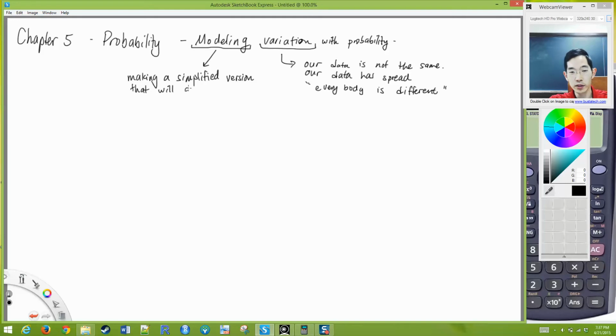Okay, so in this case we're making a simplified version that will give us a better understanding of the data. Okay, so it's like an airplane simulator.